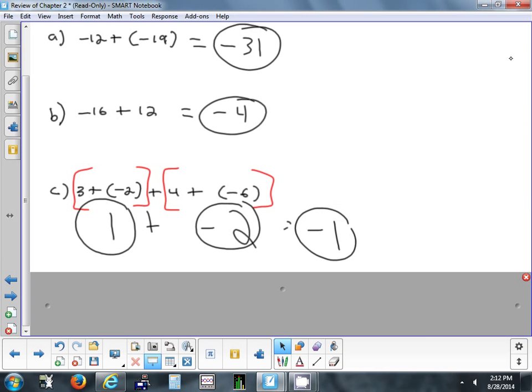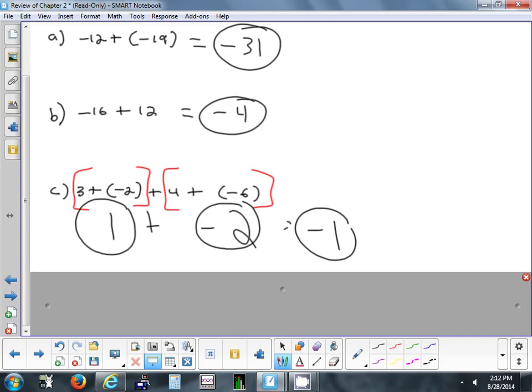Now, notice here, we had all addition, okay? Remember what we said about addition? You can change the order you do it in. So by adding in those grouping symbols, that was okay. But if we had some subtraction signs in here, like 3 minus -2, minus 4, minus -6, we'd have to be careful about how we group it. So when we start mixing addition and subtraction, you always do it left to right.